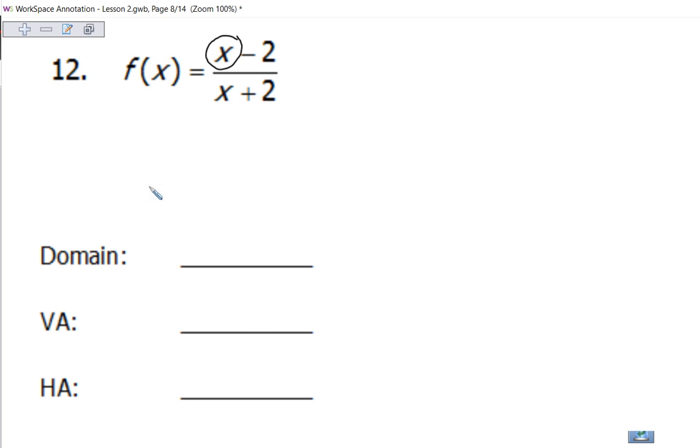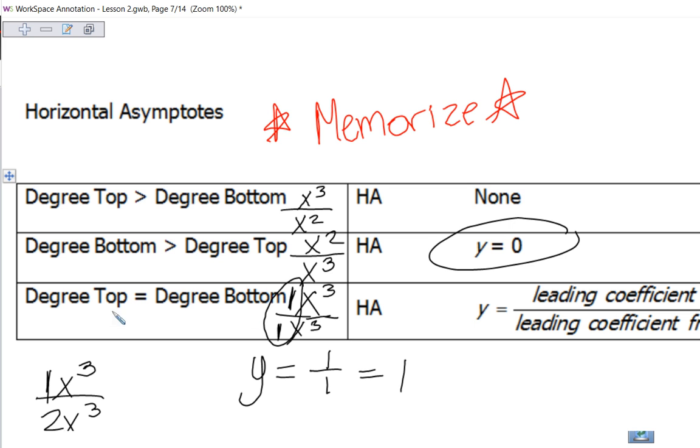What about in the bottom? What's the biggest degree? X to the first. So is it top heavy, bottom heavy, or are they equal? They're equal. So if I use my rules, if the degrees are equal, then it's y equals the ratio of the coefficients.